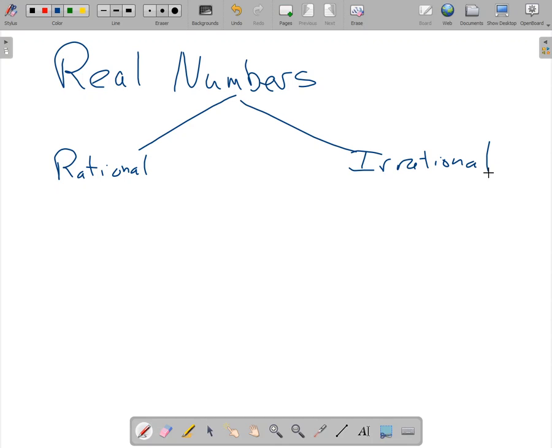Something is a rational number if it can be written as a fraction of whole numbers, or ratio of whole numbers. And irrational literally means not rational, so it can't be written as a fraction.